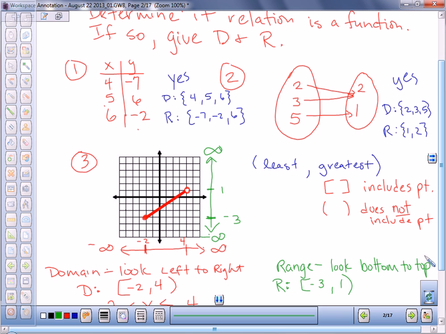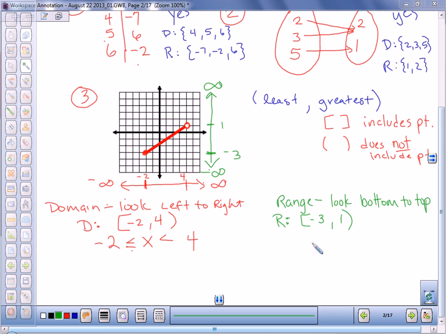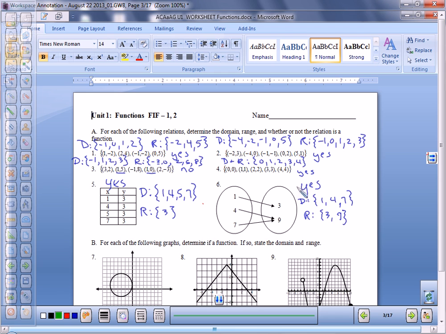Make sense? If we wrote that as an inequality, it would look like this. All good? Alright, let's take a look at that homework.